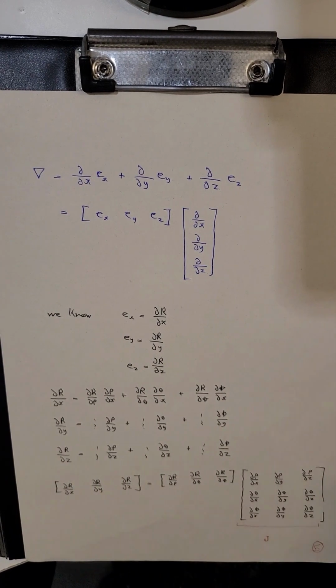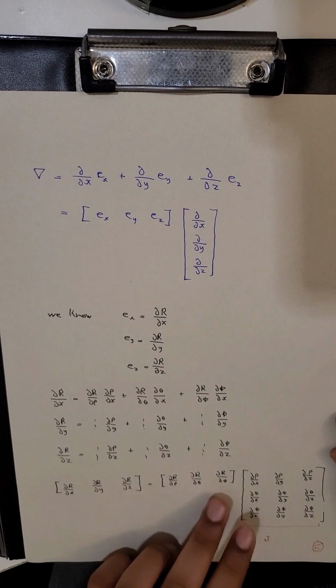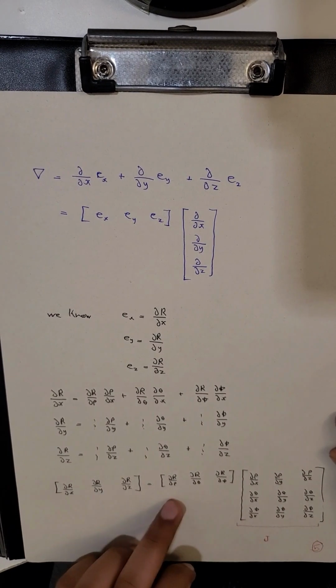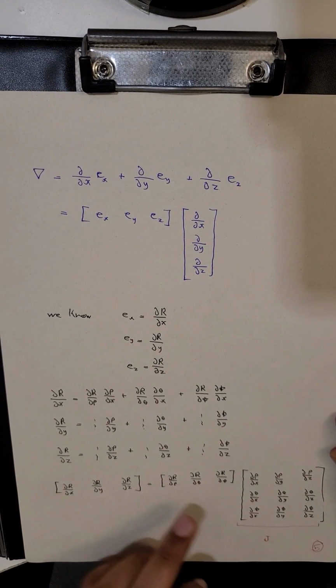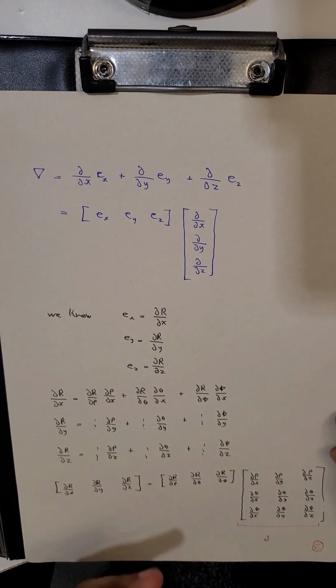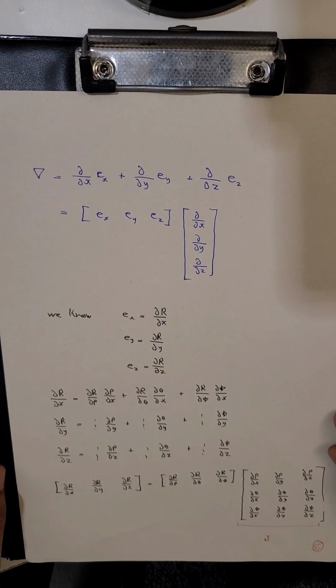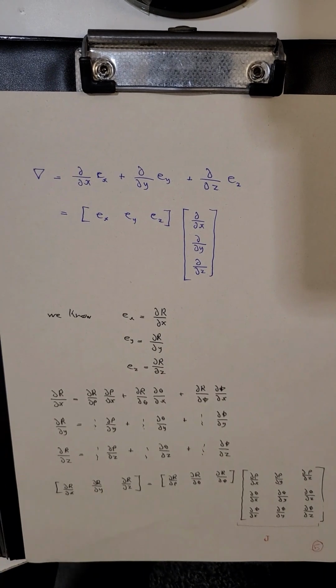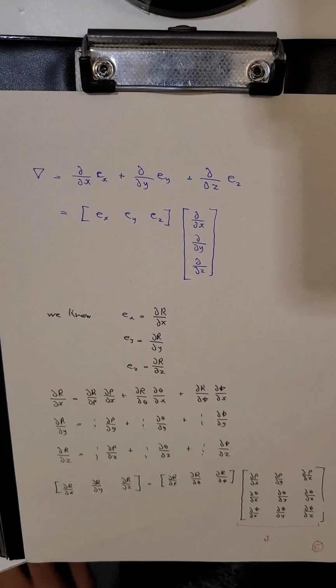In this case, it's not the basis vectors, it's just the partial derivatives, and eventually we're gonna account for the normalization at the end.